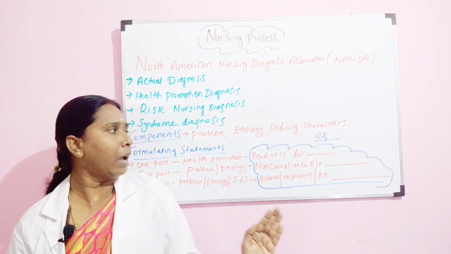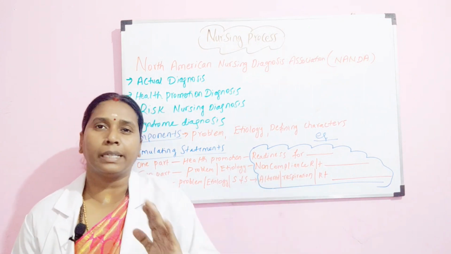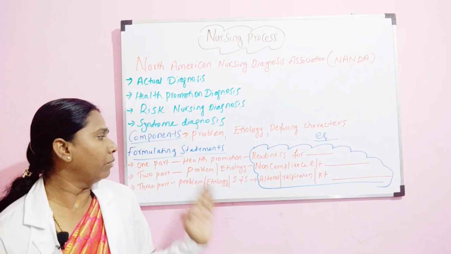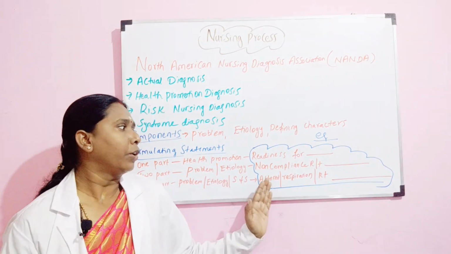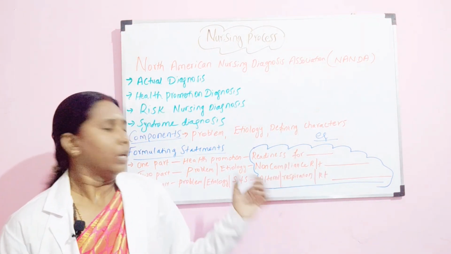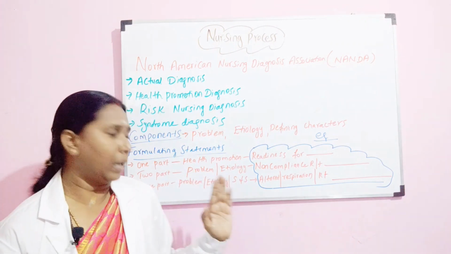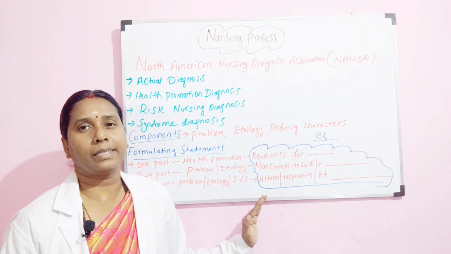You will be having readiness for. Your statement starts with readiness for. Then when you have a two-part statement, you have the problem and the etiology. Okay, so that is like your non-compliance related to, and then the signs and symptoms. Then the three-part statement, when you have it, you will have the problem, etiology and the signs and symptoms.